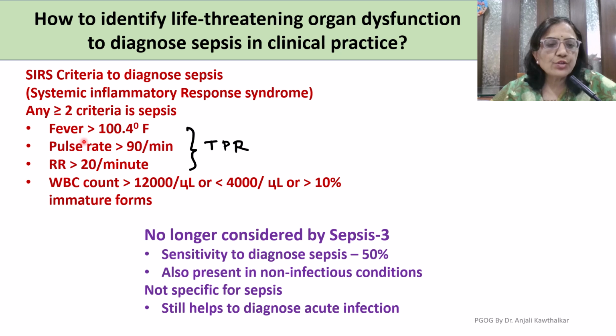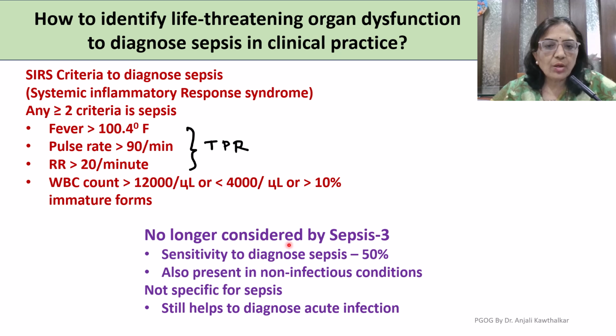First, the patient should have fever greater than 100.4 degrees Fahrenheit, tachycardia with a pulse rate greater than 90 per minute, respiratory rate greater than 20 per minute, WBC count greater than 12,000 or less than 4,000 per microliter, or greater than 10% immature forms, any one of these three. And if out of all these four features the patient is fulfilling any two, then according to SIRS criteria we diagnose it as a case of maternal sepsis.